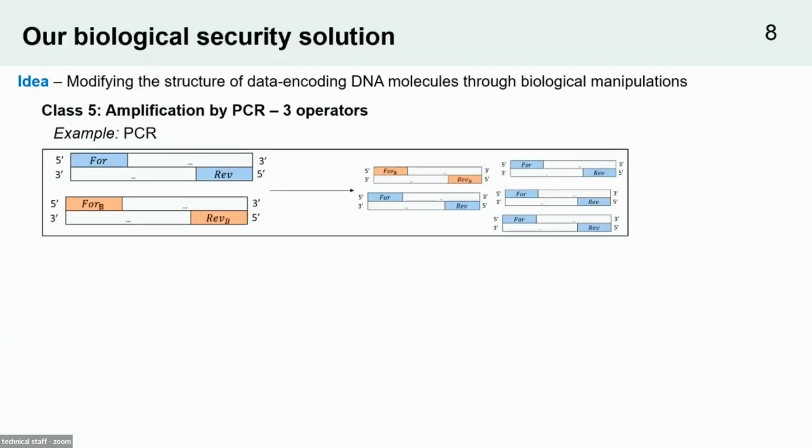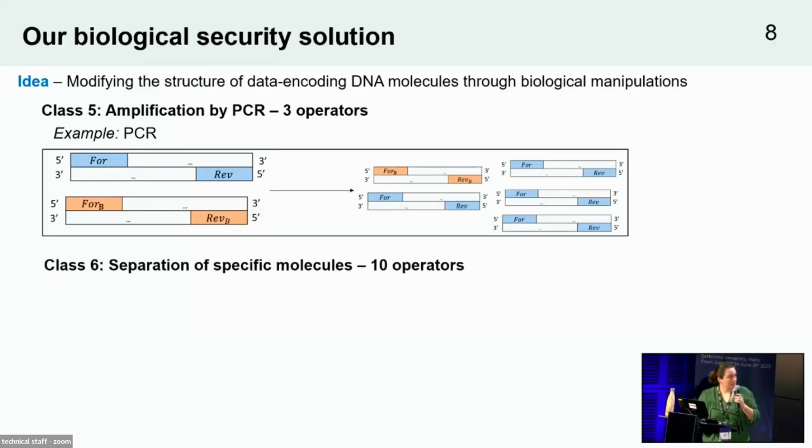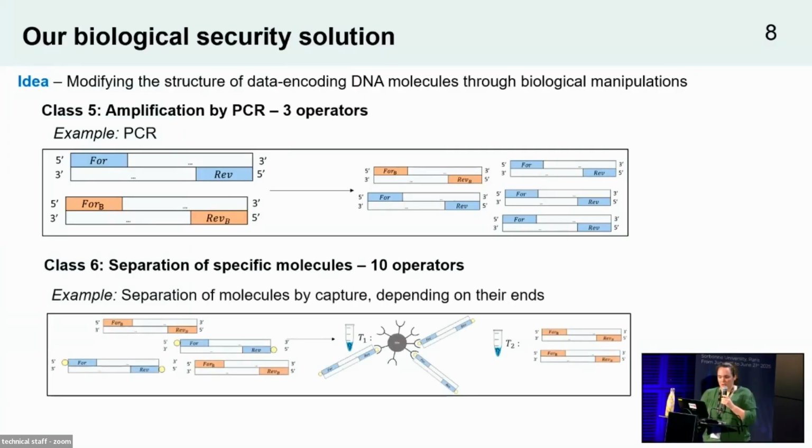So using PCR, we can exponentially amplify the amount of DNA. And the sixth class regroups separations of specific molecules. For example, the molecules presented here are separated according to their extremities, their ends.